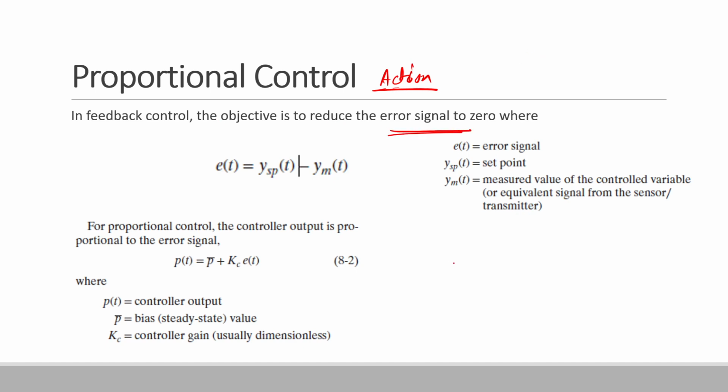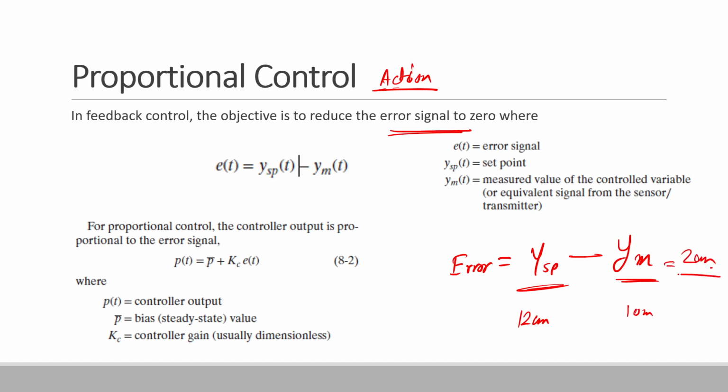That is, the error signal is the set point, that is YSP, minus the measured value. In case of a level storage tank, I can say that the level of the tank should be 12 centimeters, and then the measured value, that is the actual level of the tank at the current instant, let's call it just 10 centimeters, so the error will become 2 centimeters.